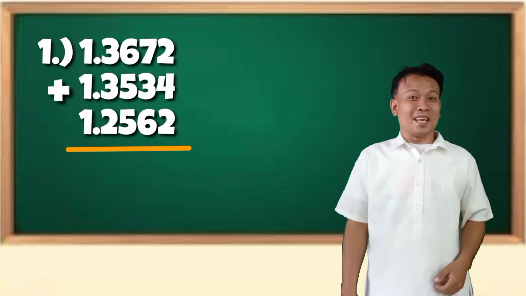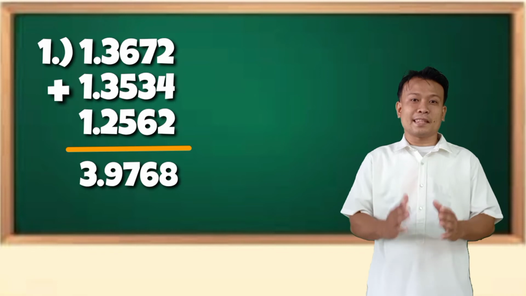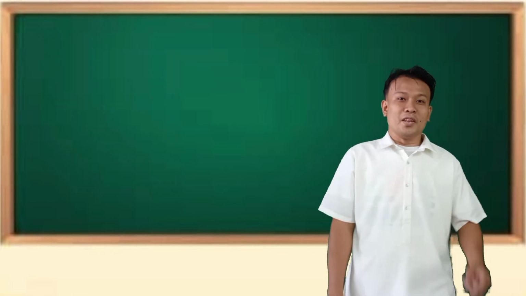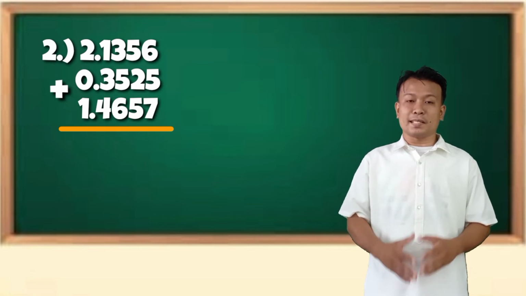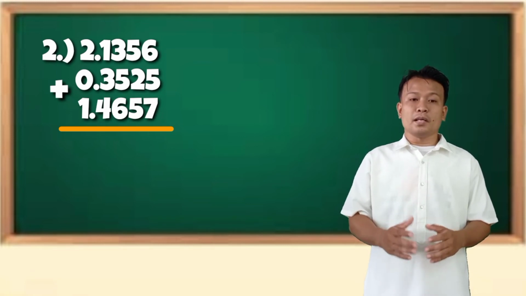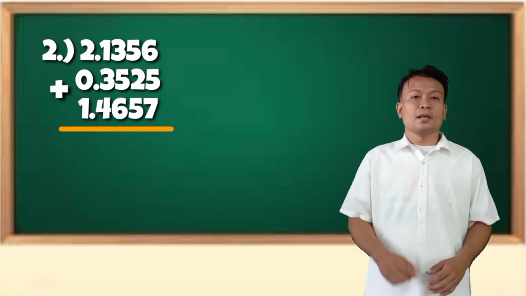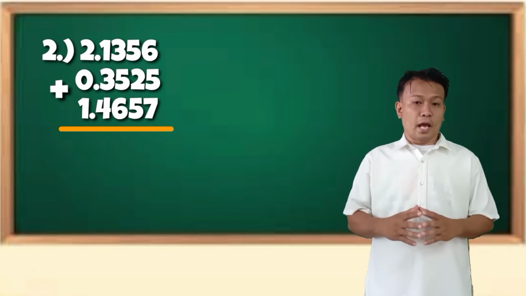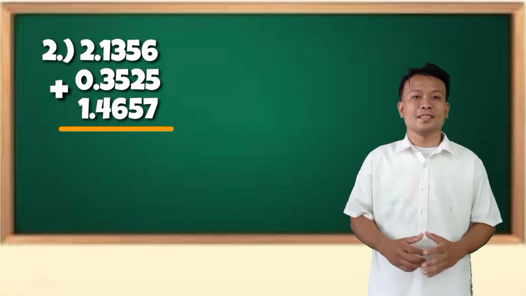Good job! The answer is 3 and 9,768 ten thousandths. Number 2. 2 and 1,356 ten thousandths plus 3,525 ten thousandths plus 1 and 4,657 ten thousandths.